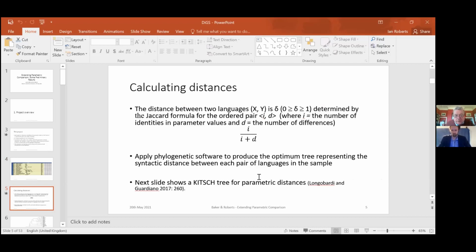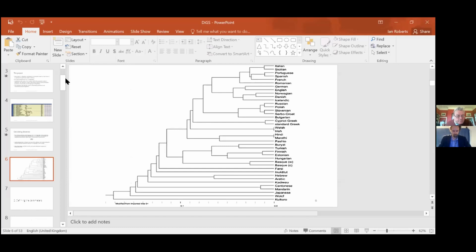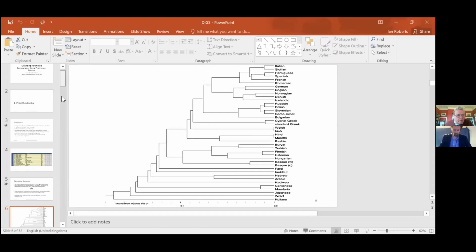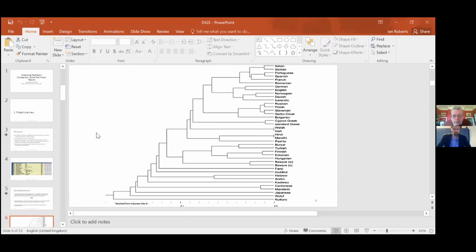We're then able to apply phylogenetic software of the kind that has been developed mainly in evolutionary biology to produce the optimum tree representing the syntactic distances between each pair of languages in the sample. So the next slide here shows a tree, produced by the Kitsch program, which is one of these phylogenetic programs, for a range of languages.